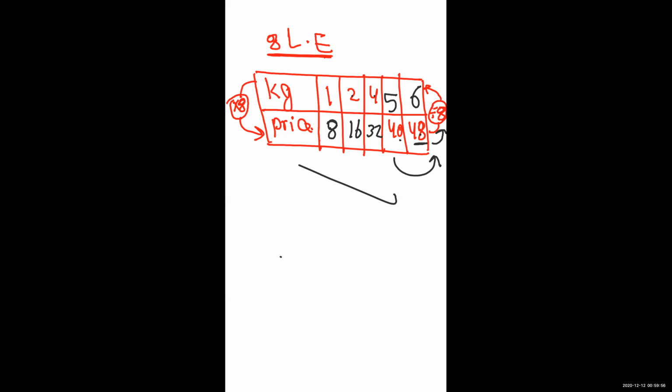We said that the price of 1 kilogram is 8 pounds. So here we will multiply by 8 and here we will divide by 8. Okay, so 1 times 8 equals 8. 2 times 8 equals 16. 4 times 8 equals 32. Then this 40 we will divide it by 8, so it becomes 5. 48 divided by 8, so it will be 6.